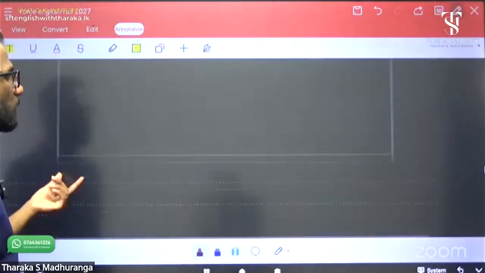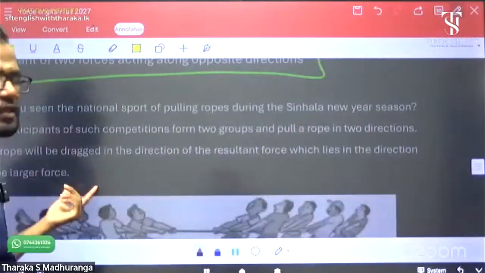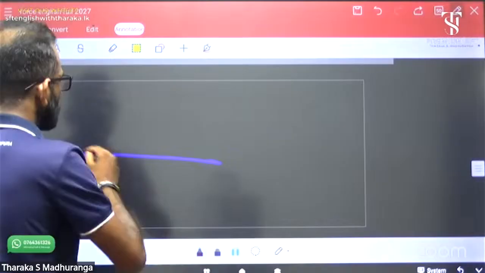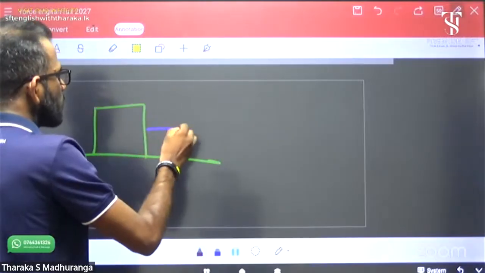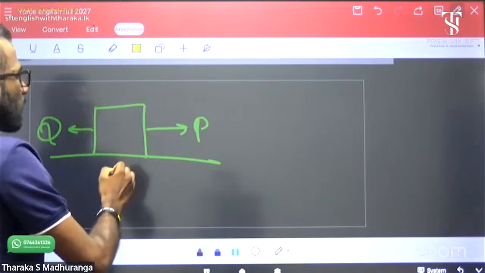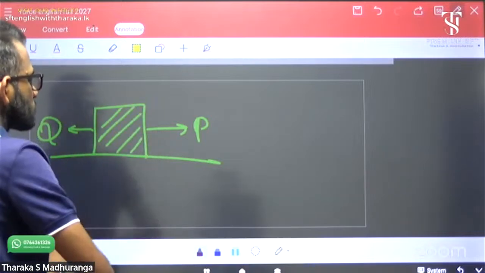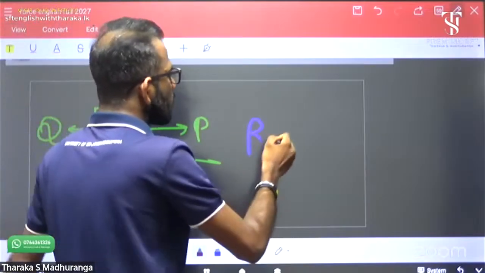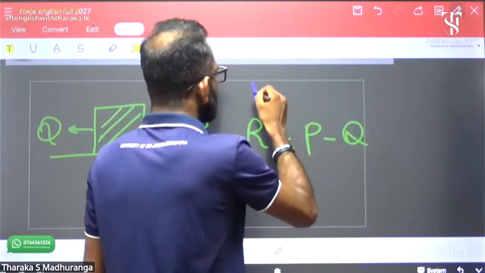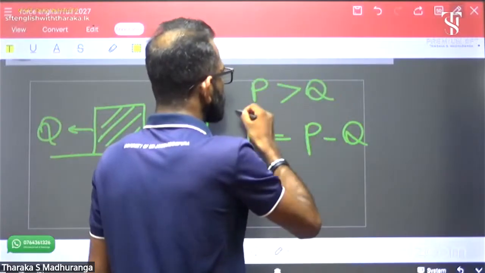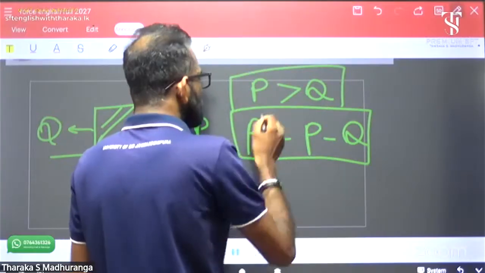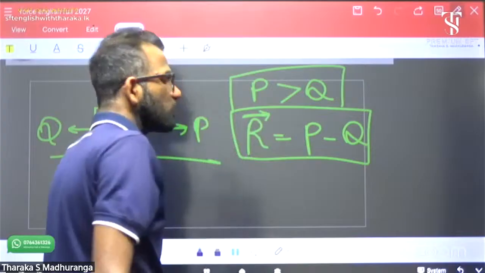Yeah, there are examples given. You can read them. This is an object, P and Q. The resultant force R equals P minus Q. If P is greater than Q, the R force is also in the direction of the P force.